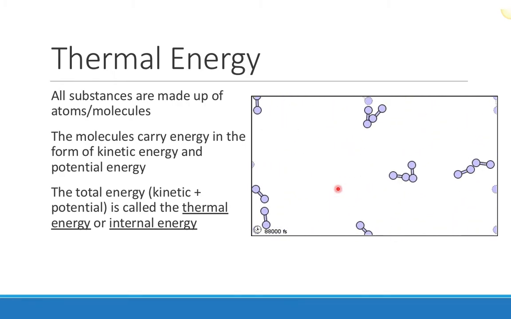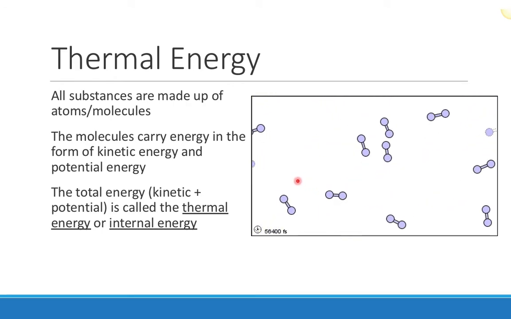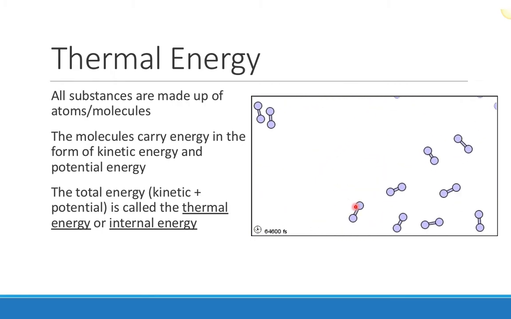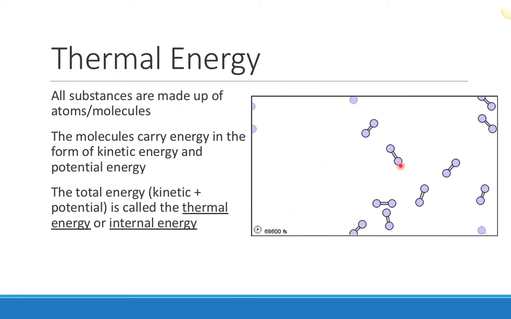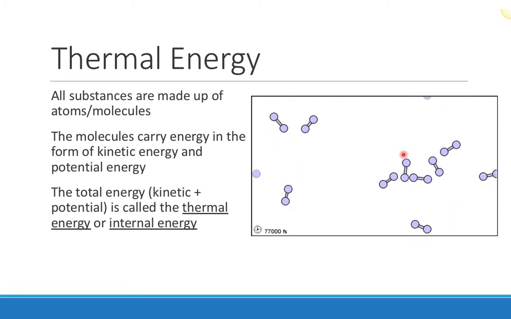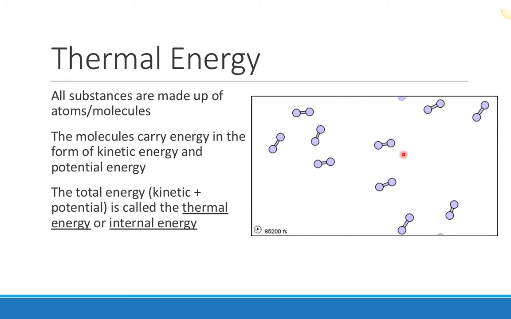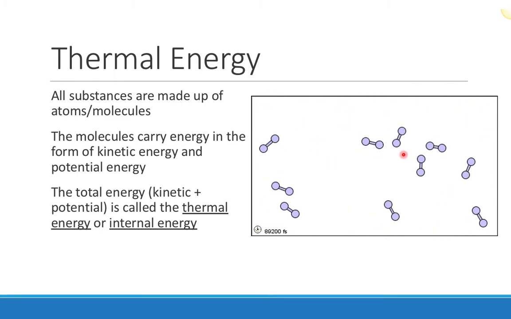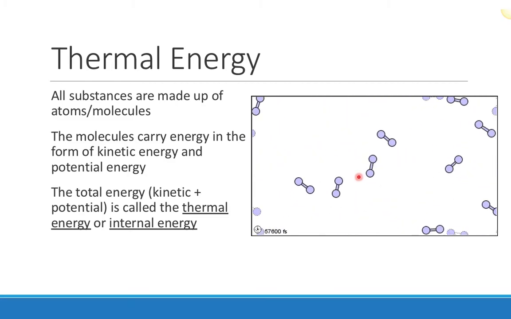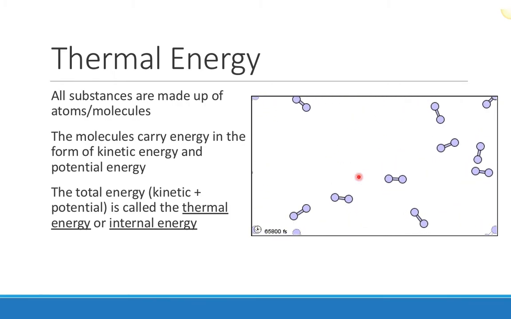But not only do they have kinetic energy, they're also molecules, and they're connected together. Sometimes you can see that they're actually vibrating from that connection, like that one right there was just vibrating. That's because they have what's called potential energy associated with them as well, which is holding them in place. The combination of the kinetic energy of these molecules and the potential energy of the molecules is called the system's thermal energy.